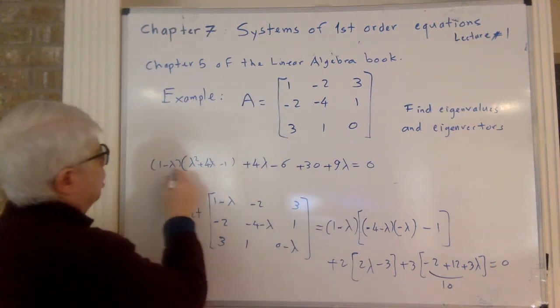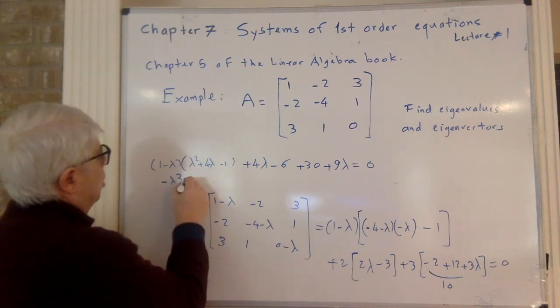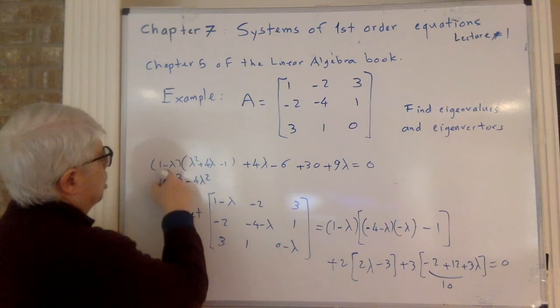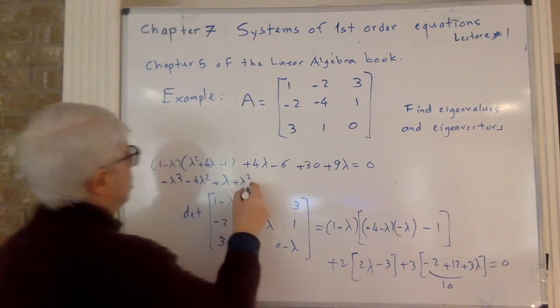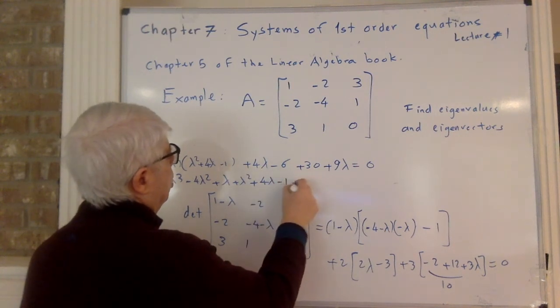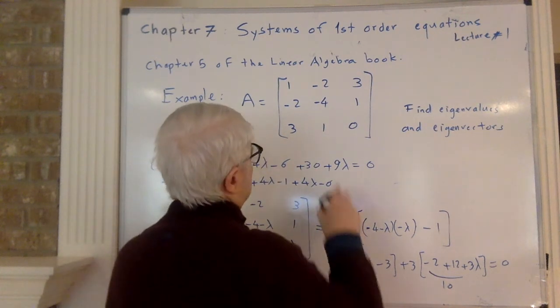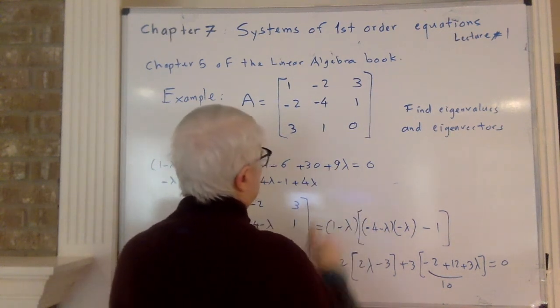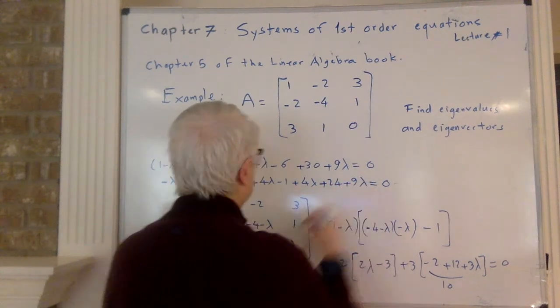So let's multiply this: minus lambda cubed, minus 4 lambda squared, plus lambda squared, plus 4 lambda minus 1, plus 4 lambda minus 6 and 30, that is 24, plus 24 plus 9 lambda is 0.